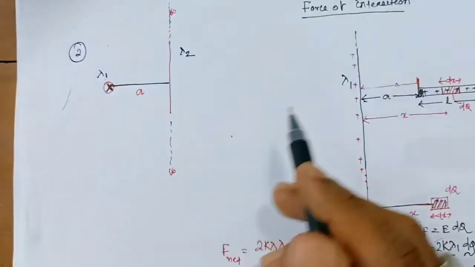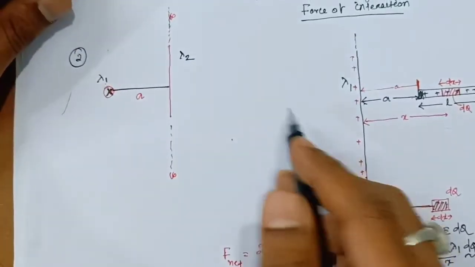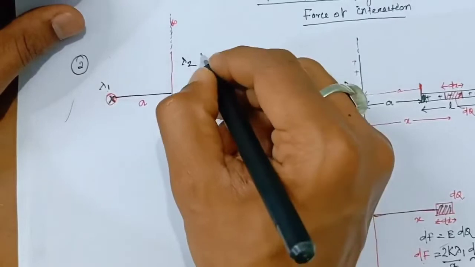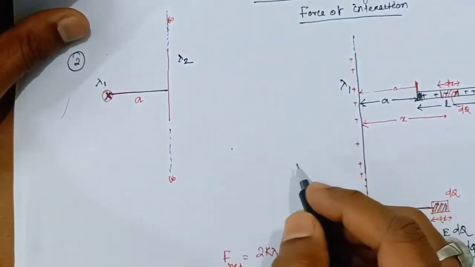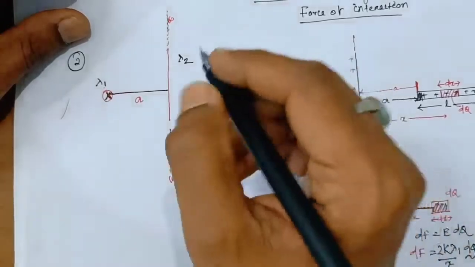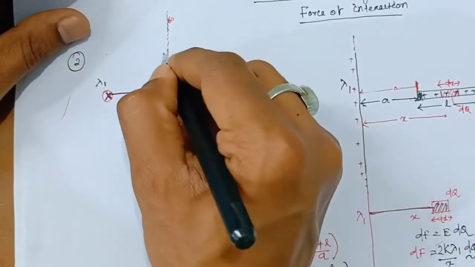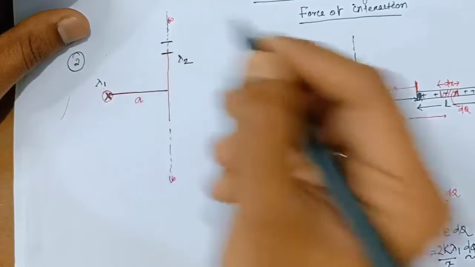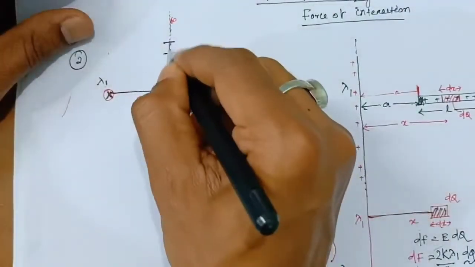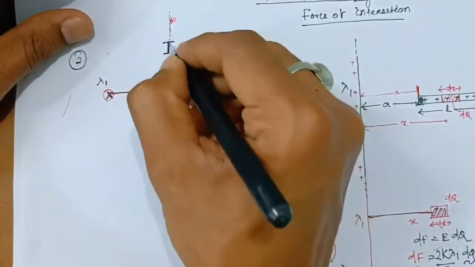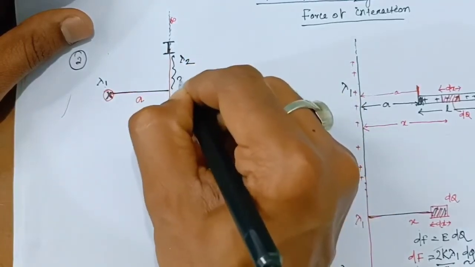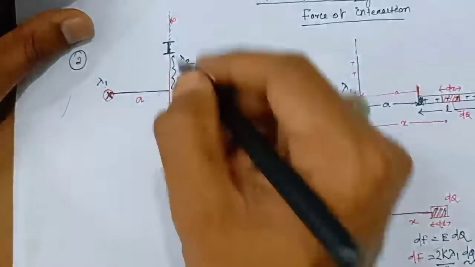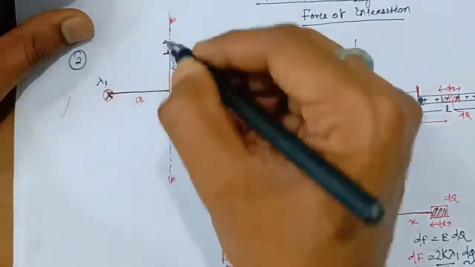When this kind of question is framed, find the force of interaction, I must think about an element. So what will I consider? I will consider one element here, at distance x from this rod.